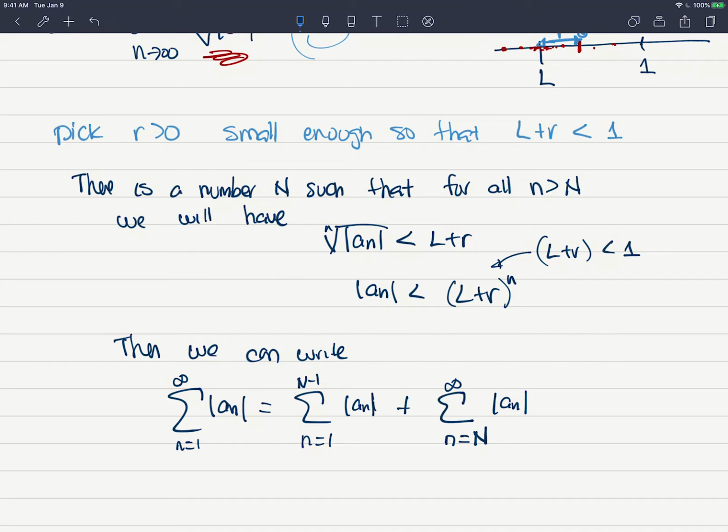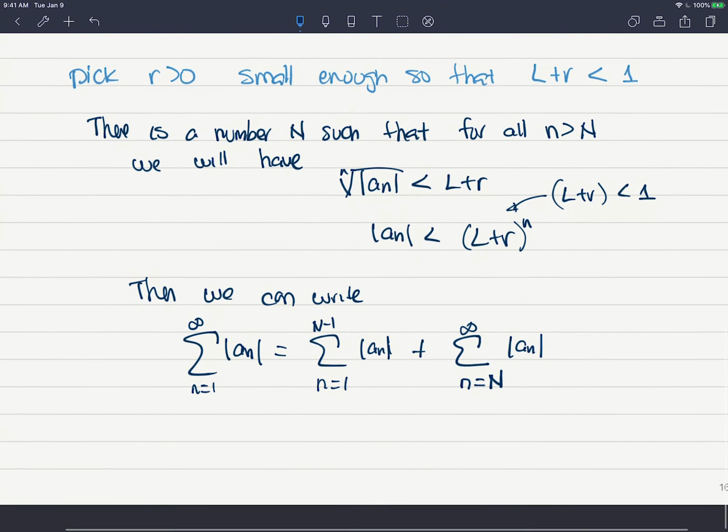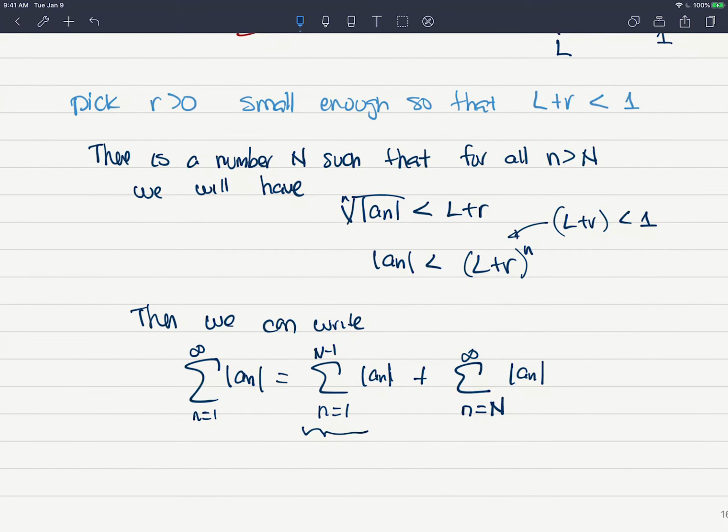But notice what's happening here. This is finite. I'm only adding a few terms. Well, N minus 1, but there are a finite number of them. So this is not going to blow up to infinity. And this is a geometric series, right?